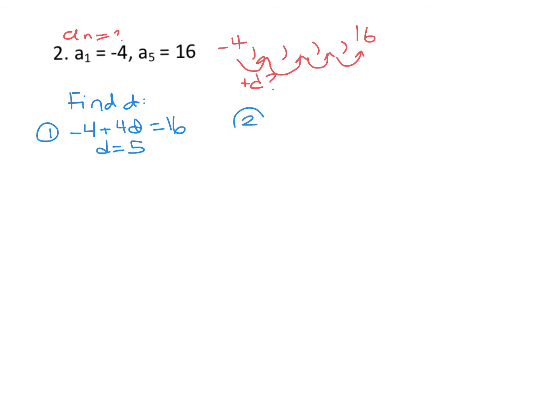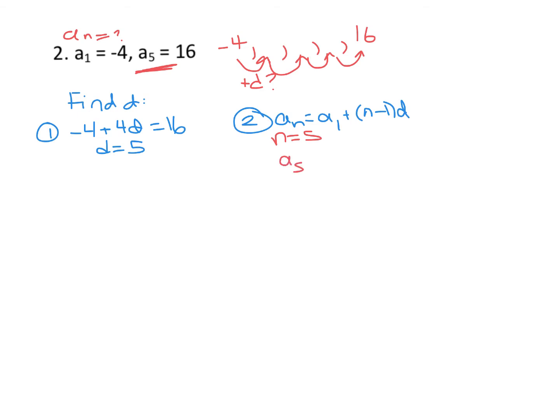The second way to find d is to actually use that formula that I gave you at the beginning. And if I use this formula, I know A1, I do not know d, but actually I can solve for d. So since I know what A5 is, I can set n equal to 5.